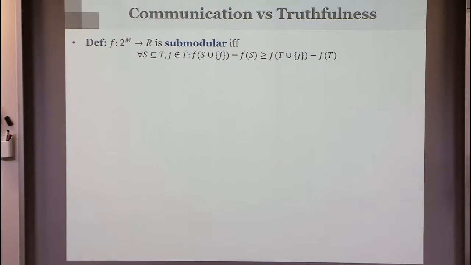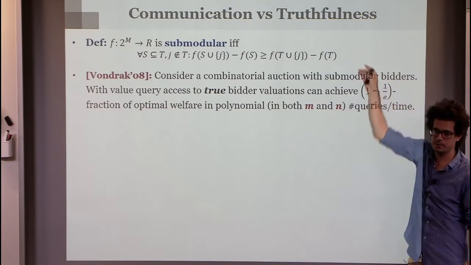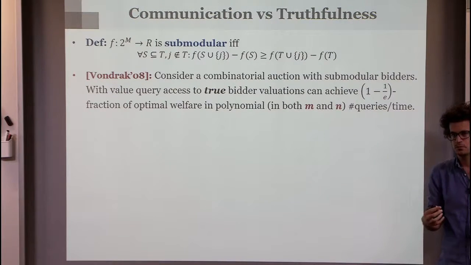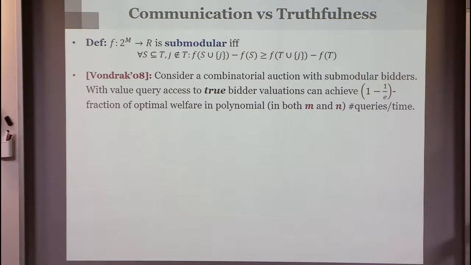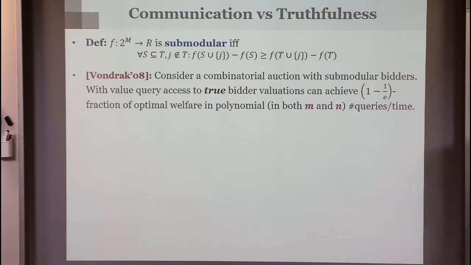All right. Here's an interesting algorithmic result due to Dobzinski, consider the running combinatorial auction setting with the assumption that everybody's functions are submodular. If you have query access to the true valuation functions, there are no incentives.